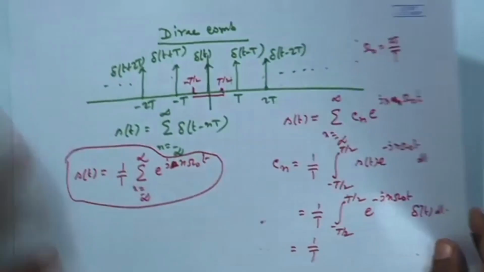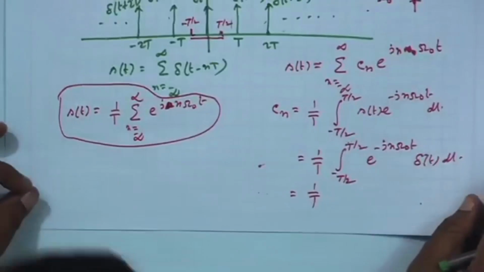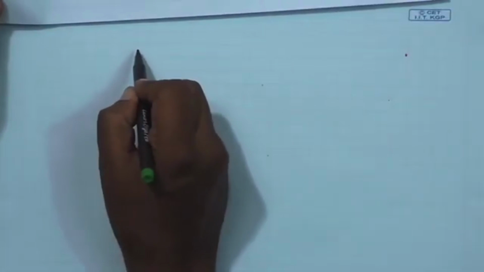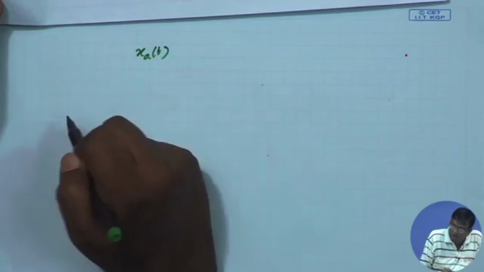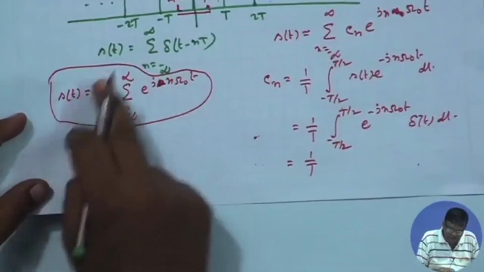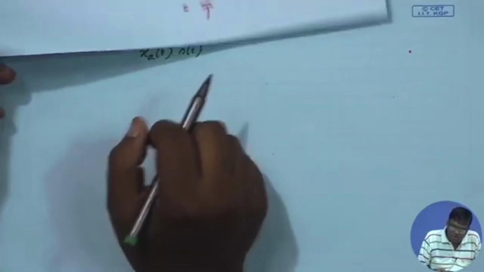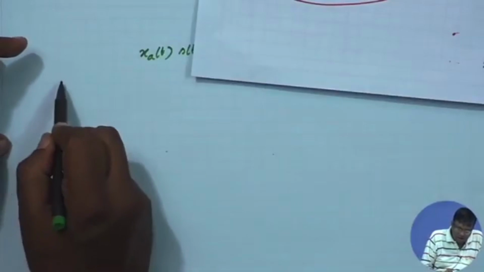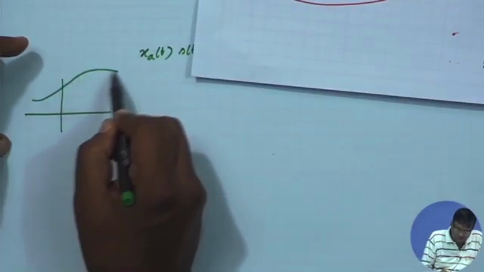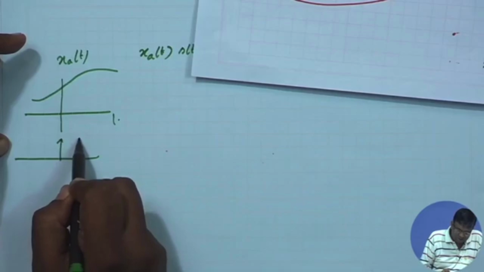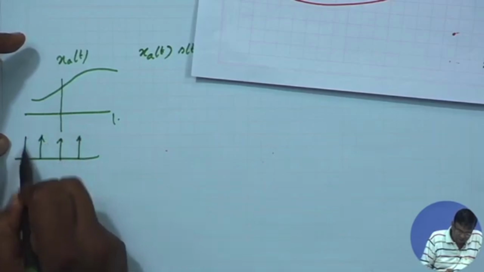Now, why I am so bothered about doing all this is the following: suppose I have one analog function, say x a t, and I multiply this by this S t. So, that basically means I had one x a t, and I have these impulses.